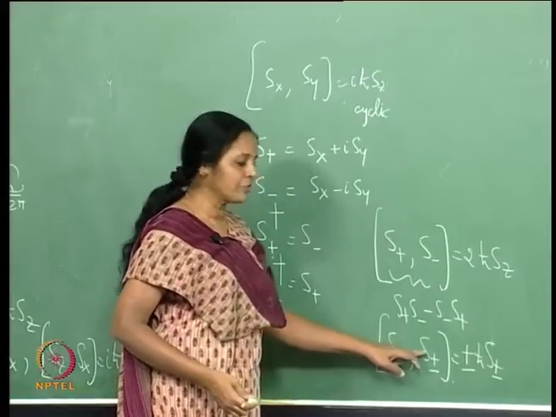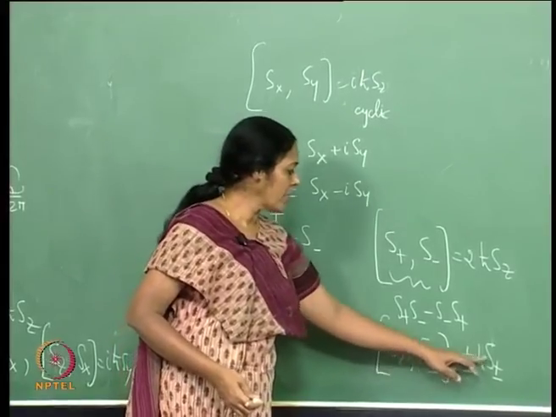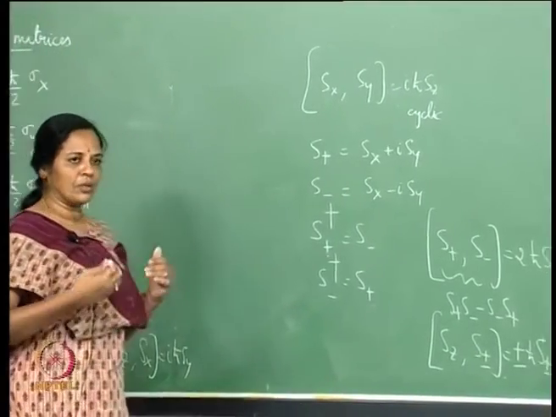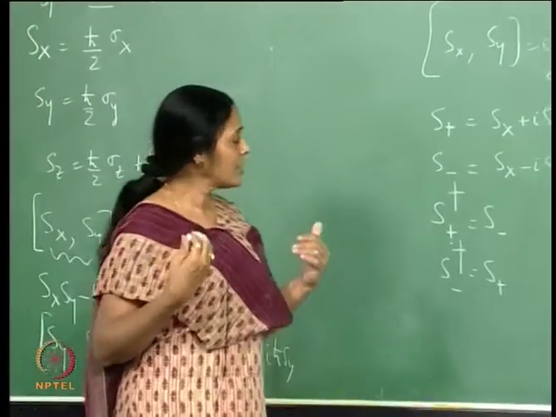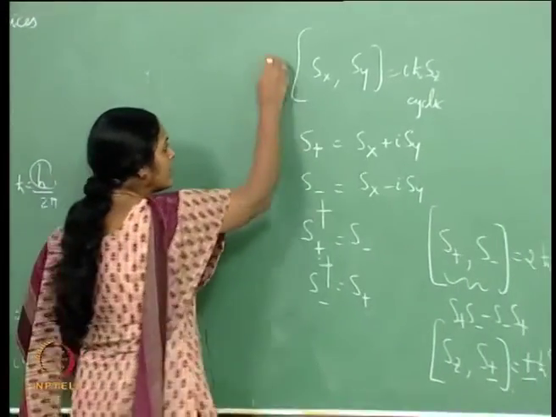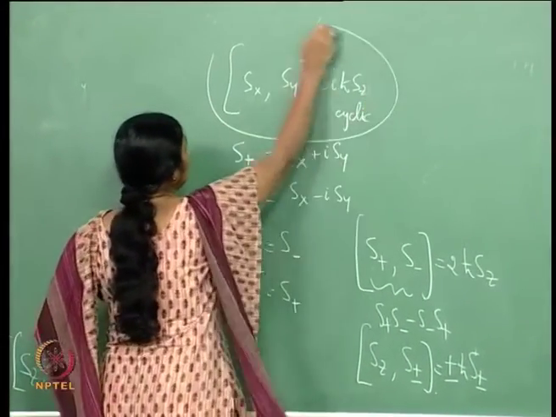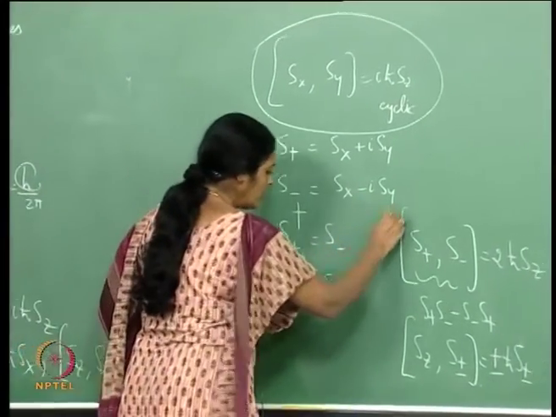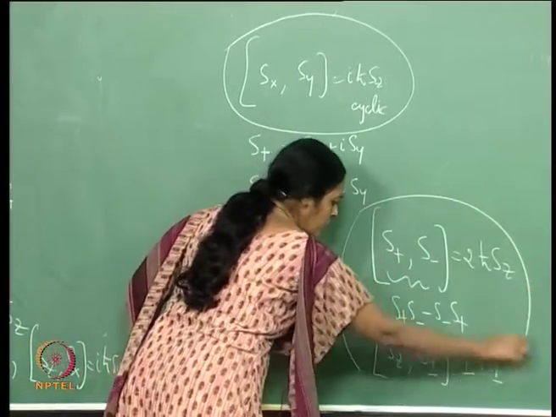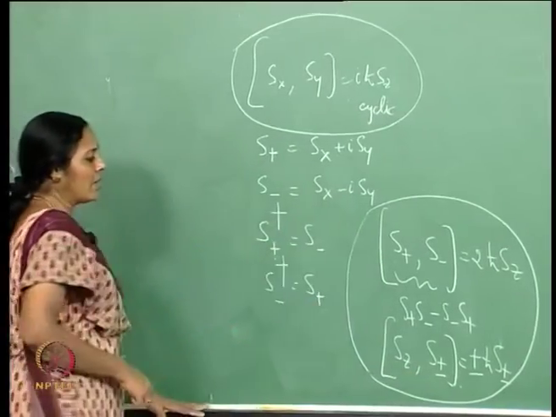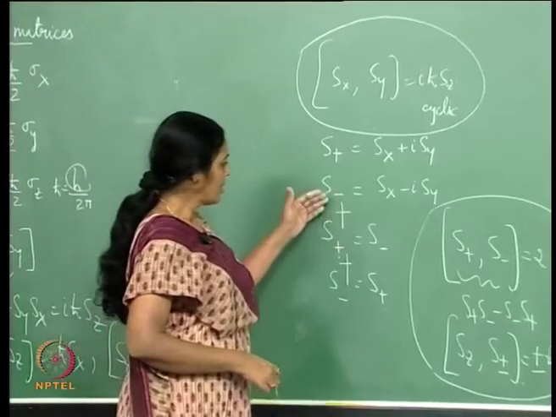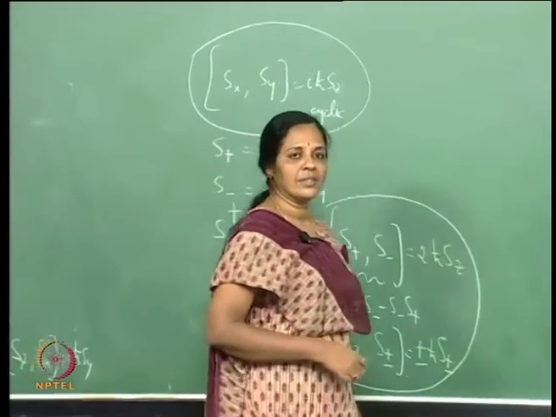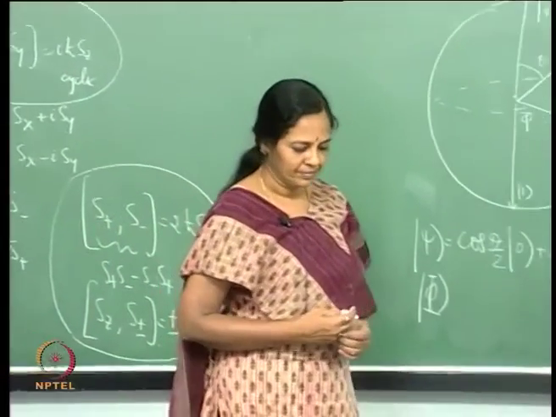The commutator of Sz with S minus is minus h cross S minus. So, this algebra of the spin matrices can be written either in terms of 3 Hermitian matrices, or in this fashion where S plus and S minus are not Hermitian matrices but are Hermitian conjugates of each other, and Sz, which is a Hermitian matrix.